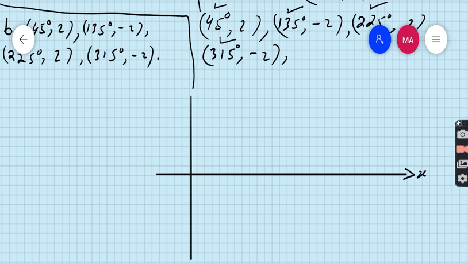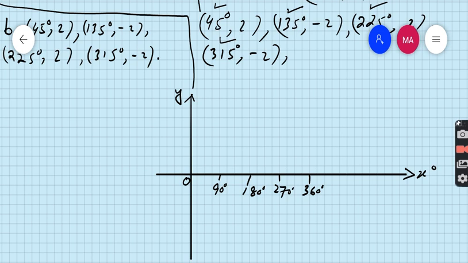On the x axis we have to plot angles, on the y axis we have to plot the values. The maximum value of angle you can see on the screen is 315. So if I take 4 squares as 90, then 1 2 3 4 squares is 180, then 1 2 3 4 is 270, then 1 2 3 4 is 360 degree.